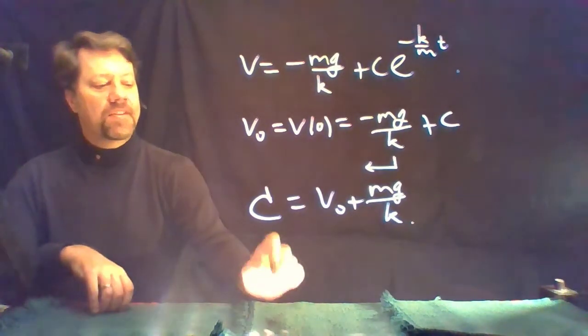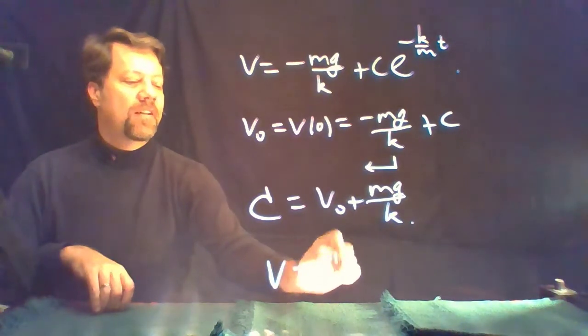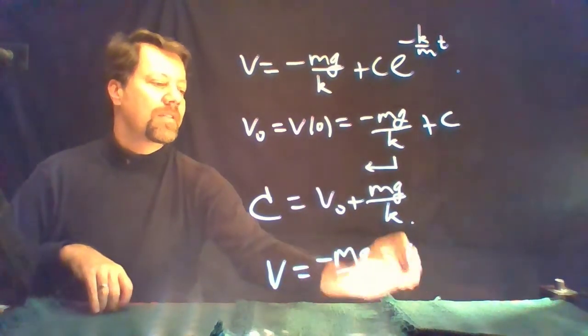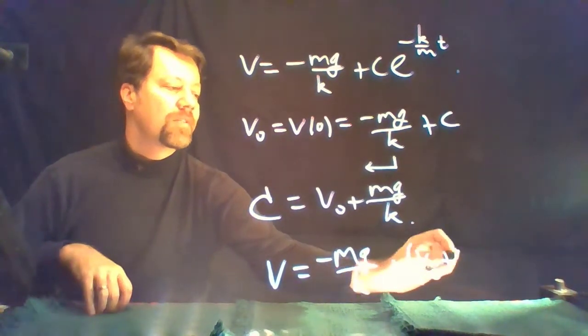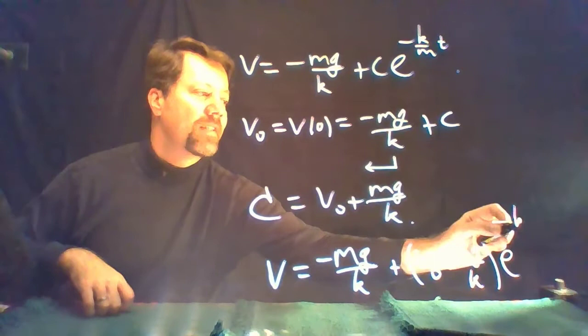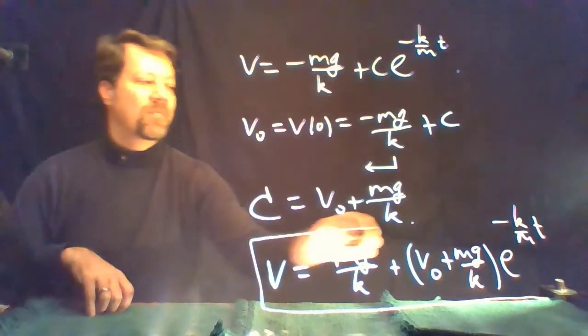This gives us the final solution to this air resistance problem: v equals minus mg over k plus (v naught plus mg over k) times e to the minus (k/m)t.